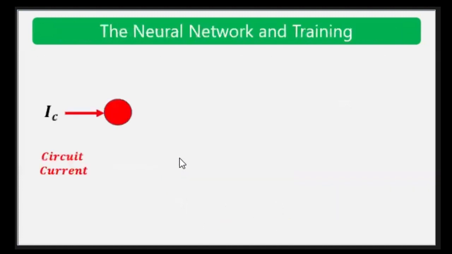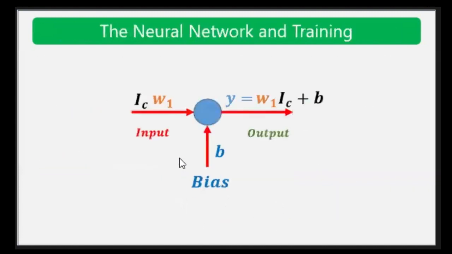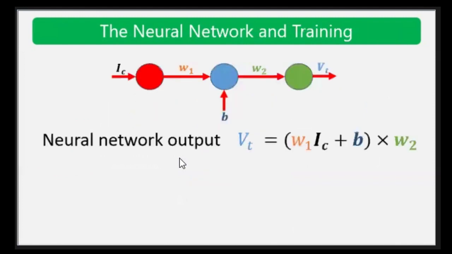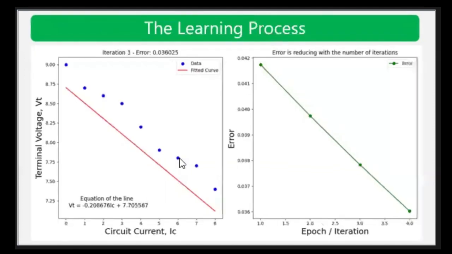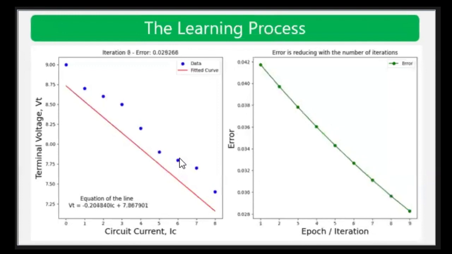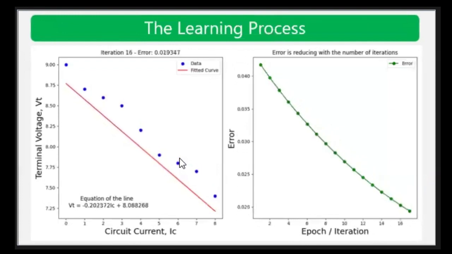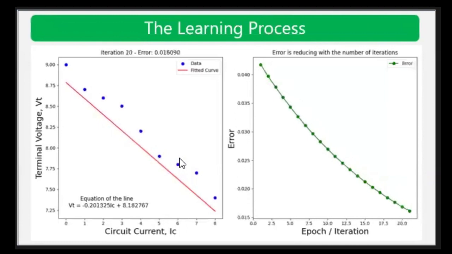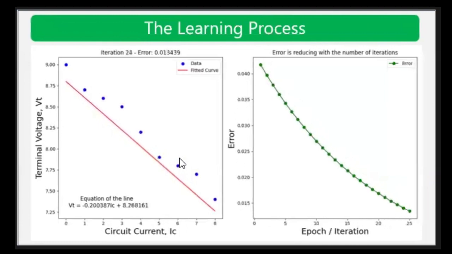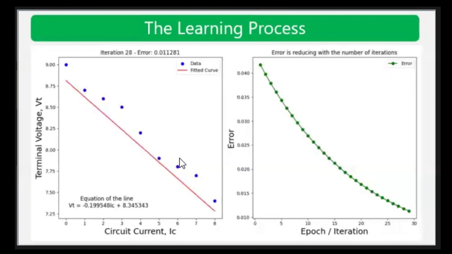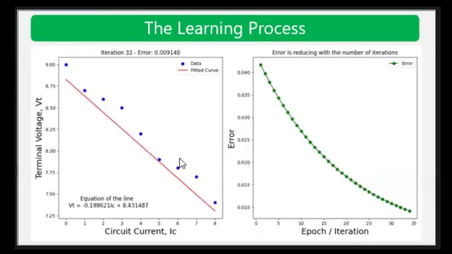So now, what is going to happen here? This is the way the AI learns. I'm going to show an animation. See, every time the training happens, this is the straight line. The weights are changing, and the error is going down, and this line is approaching the blue line. You see?